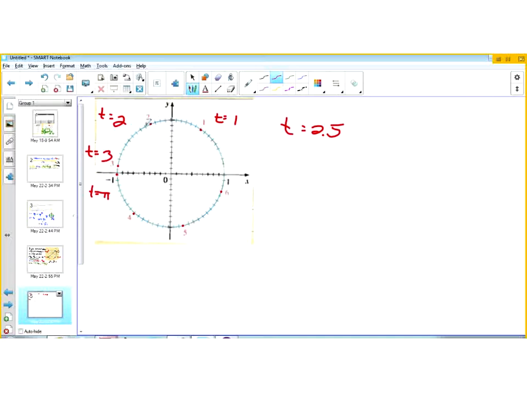Well, 2.5, let's see here. 1, 2, 3, that's halfway to 3, right? So this is divided into how many intervals? 1, 2, 3, 4, 5, 6, 7, 8, 9, 10. So that would be 5 units long. So 1, 2, 3, 4, 5. So this would be 2.5.